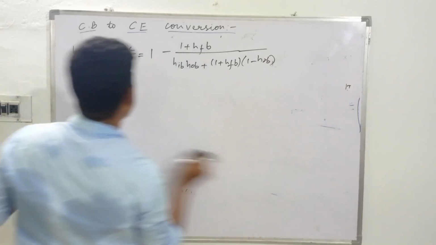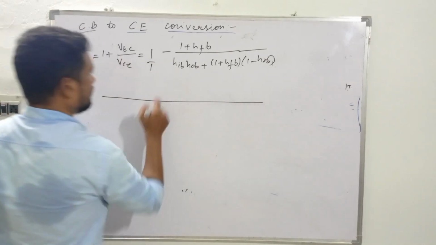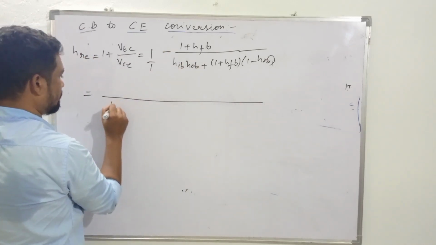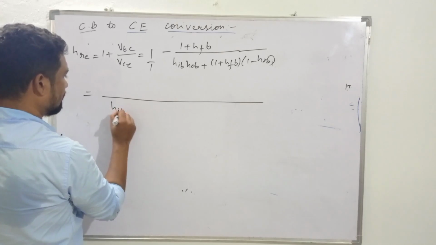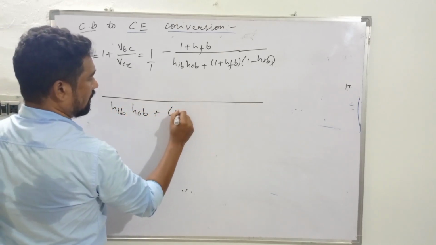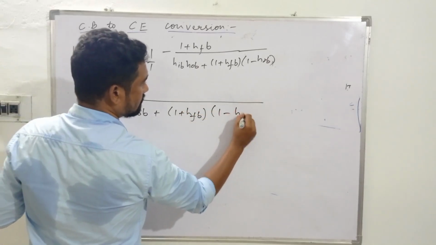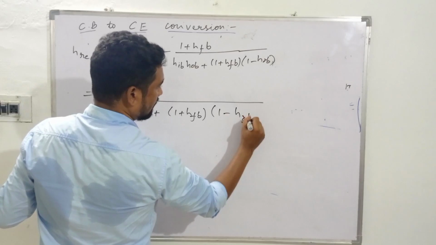Simplified to what, which is equal to the LCM. It will be LCM HIB HOB plus 1 plus HFB into 1 minus HRB.